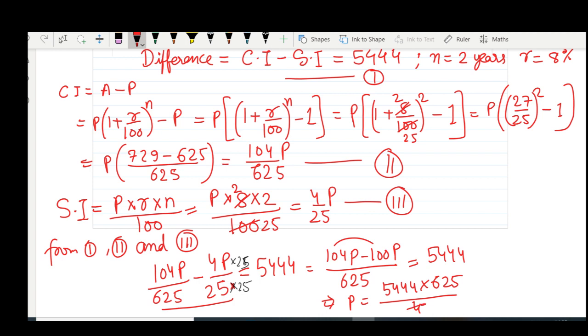If you simplify, 4 into 136 is 544, so this is 136, and when you multiply it with 625, you will get 85,000. So the sum is 85,000. I hope it is clear.